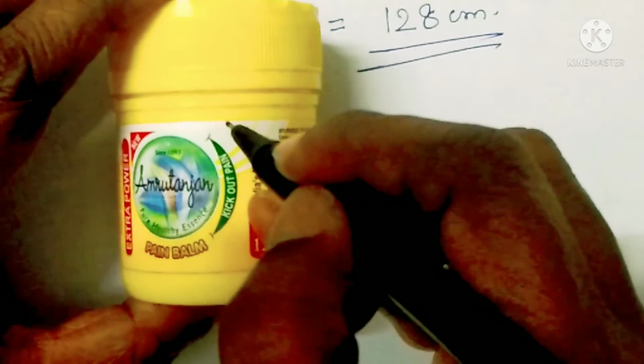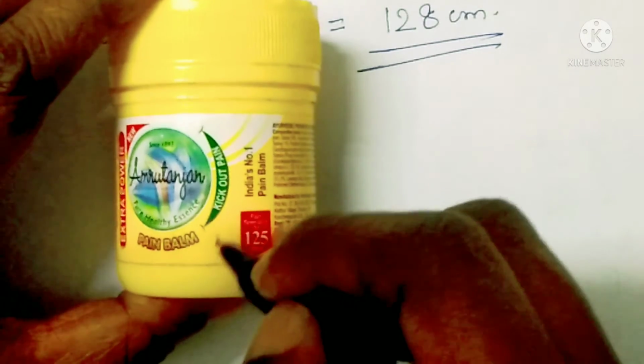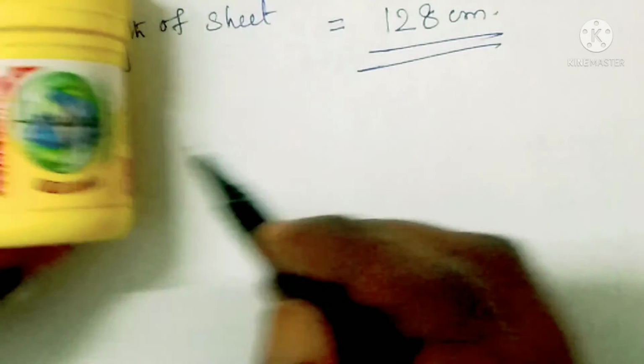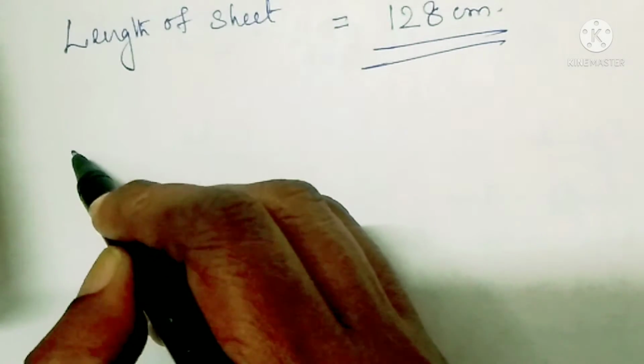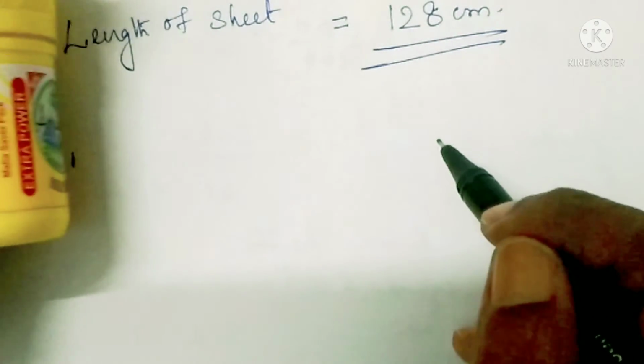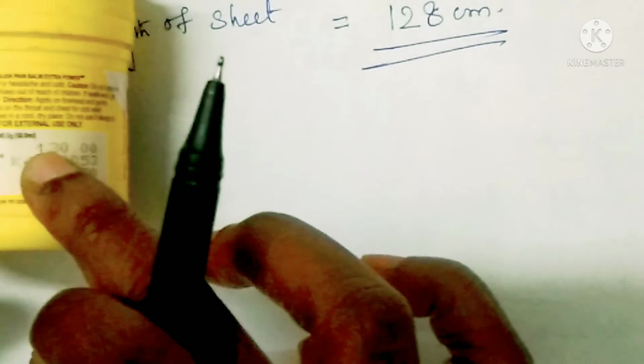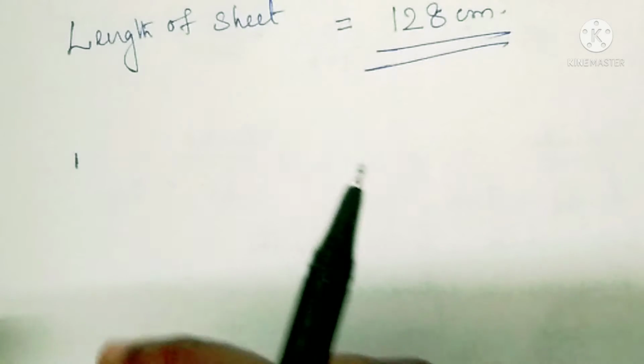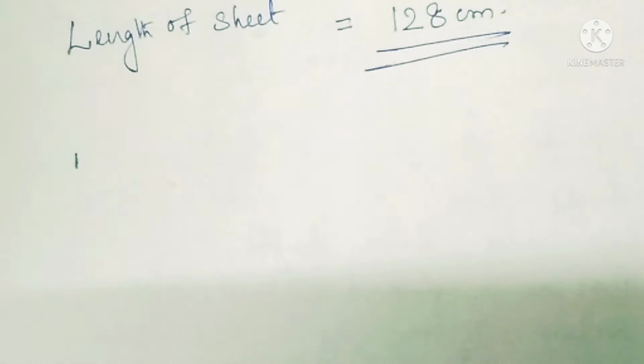So I am marking one point here. Okay, now if it starts from here, this point, I am keeping it here. Now if it rotates or rolls, it starts rolling. Take this as the marking point.